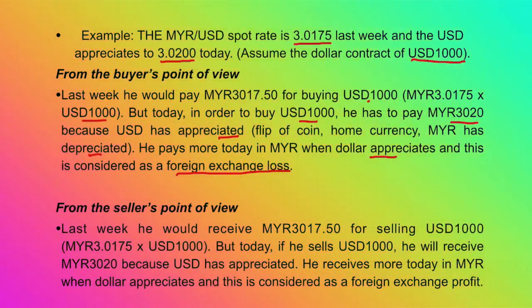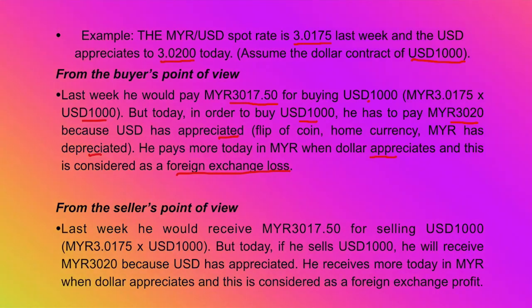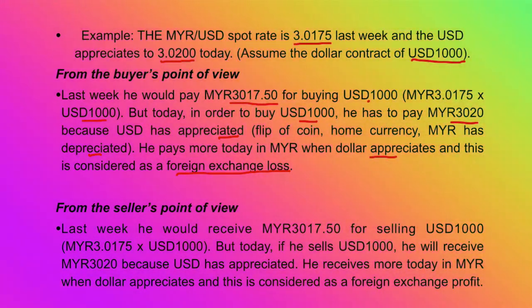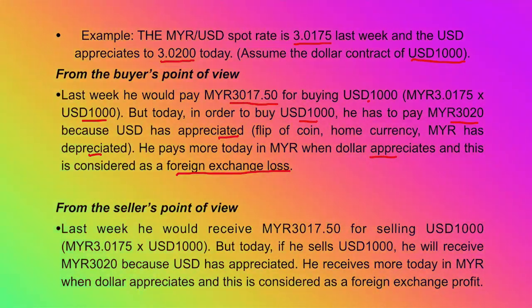Do you understand? Last week, this guy had to pay 3,017 and 50 cents only. But today, because the US dollar appreciated, meaning that the Malaysia ringgit depreciated, this guy has to pay 3,020 in order to buy 1,000.